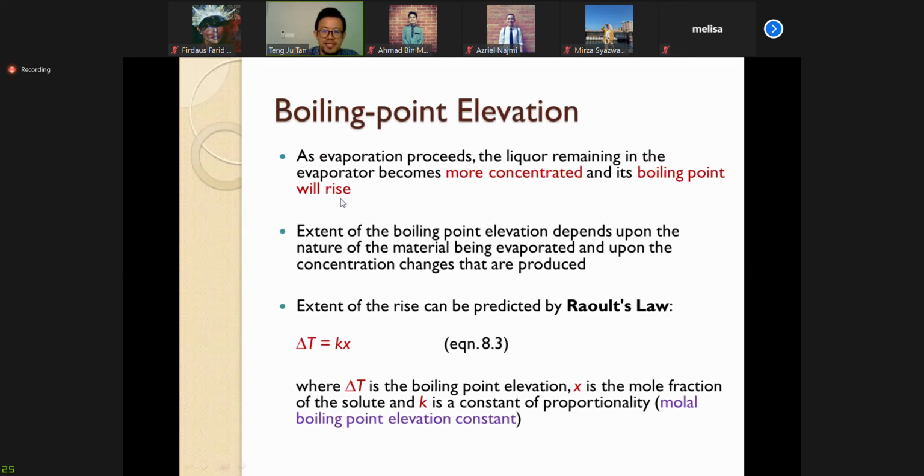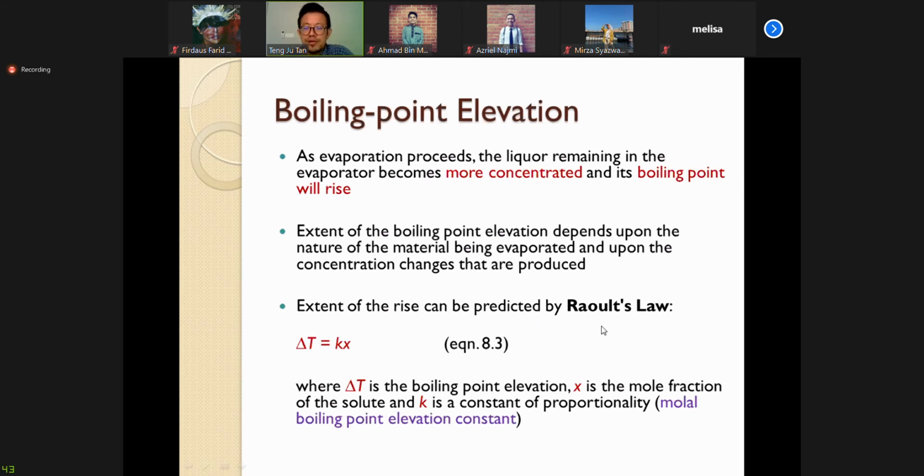Salt water has a higher boiling point than pure water. The extent of the boiling point elevation depends upon the nature of the material being evaporated and upon the concentration changes that are produced. The extent of the rise can be predicted by Raoult's law.